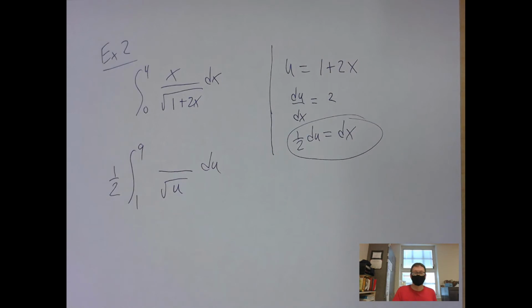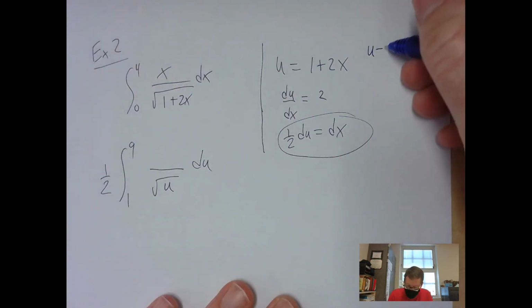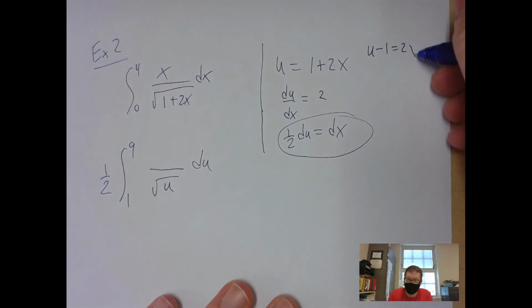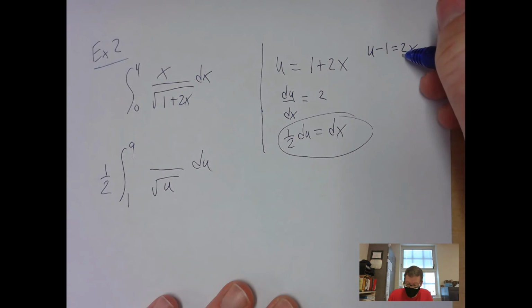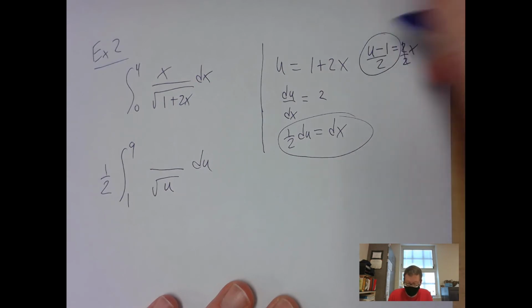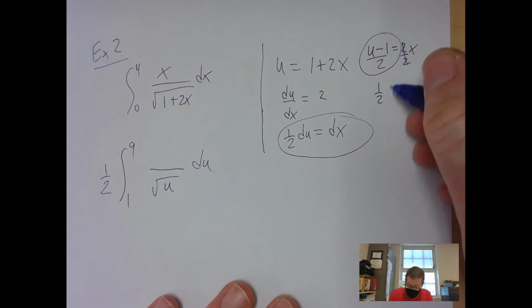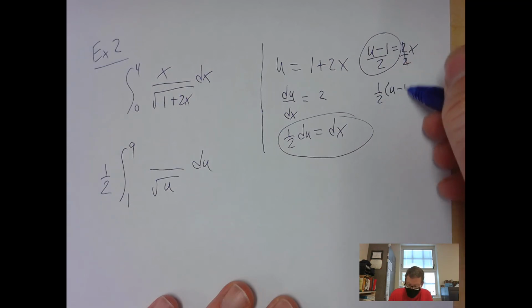Okay, so I'm going to switch this around here. I'm going to say subtract the 1: u minus 1 is equal to 2x, and then divide by 2. So that's what x is equal to. That is like a 1/2, and then it's u minus 1, right?